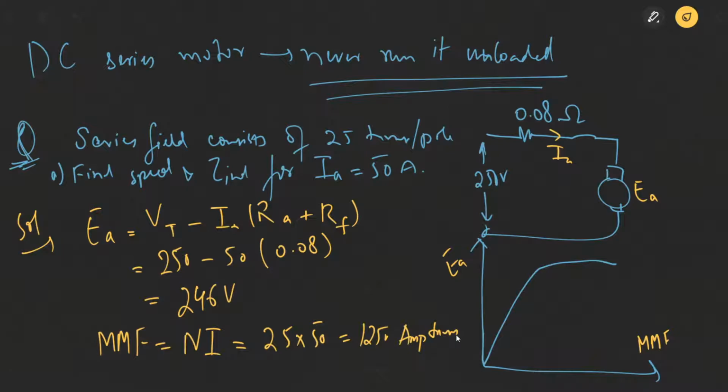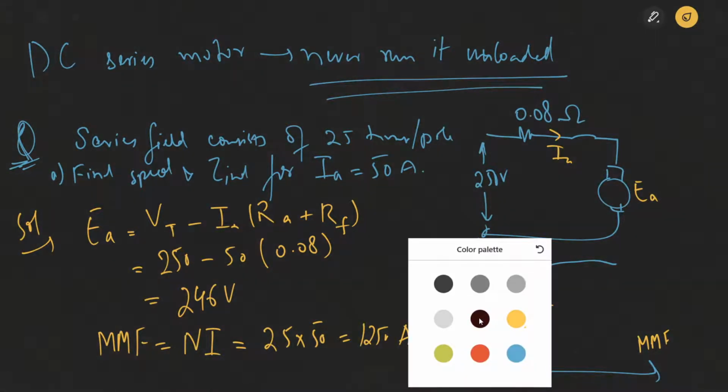So we have been given an MMF axis here: 1000, 2000, and from here it is somewhere around 50, this is 100 extra. So corresponding to 1250, that will be somewhere here. We need to see what the value is.